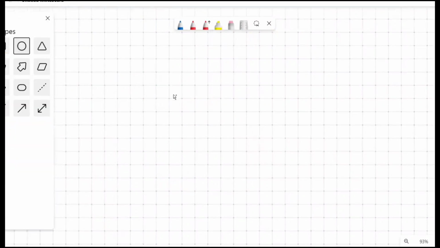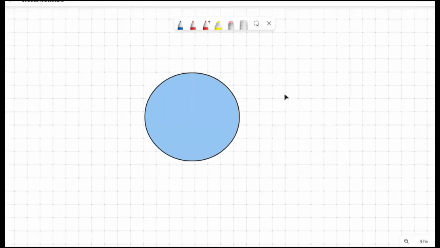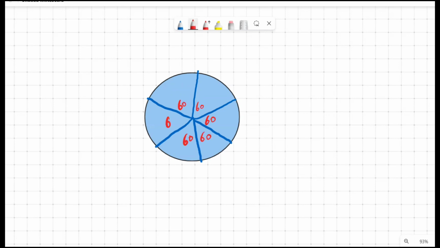so I'm quickly taking out my circle. So I have 60. How many 60 can I get out of that 360? If I'm able to quickly say, okay, I have 60, 60, 60, 60, 60, 60. So I could get it 6 times.